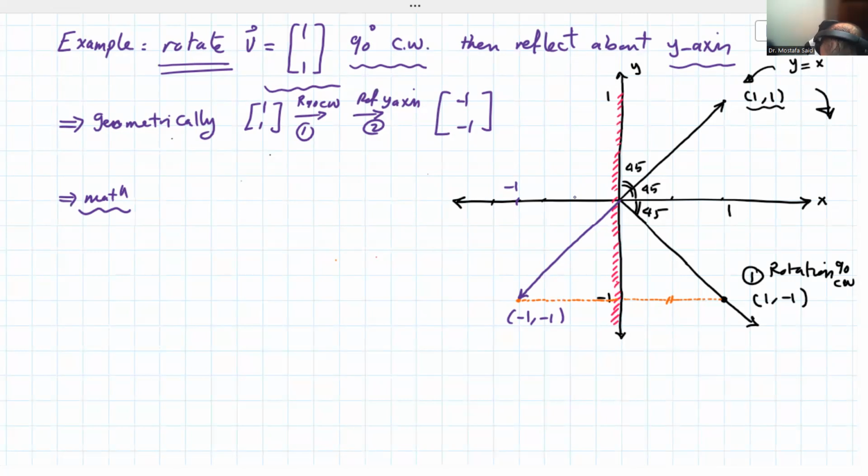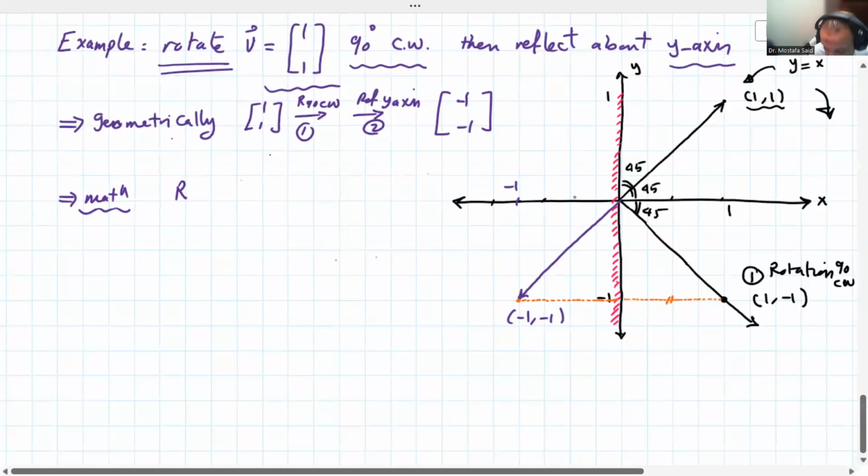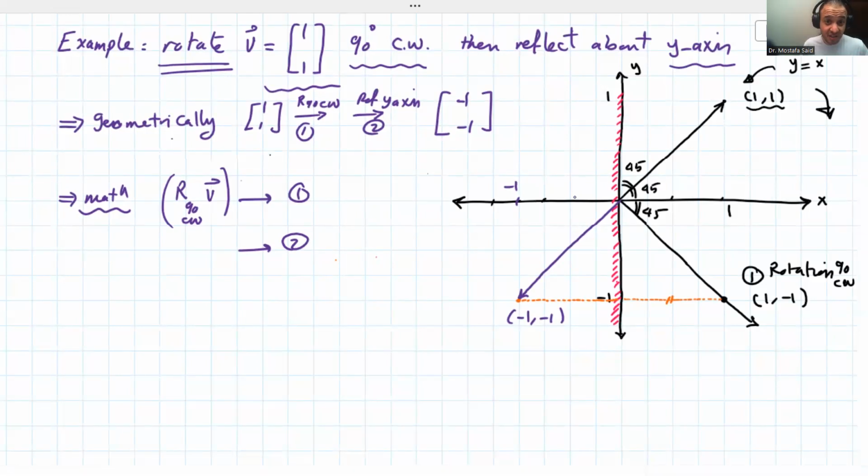We're gonna call the rotation matrix R, 90 degrees clockwise. This will be multiplied by the vector v. This is the first step, number one. Then the second step, number two, we multiply this whole multiplication by another matrix, Q, the reflection matrix.